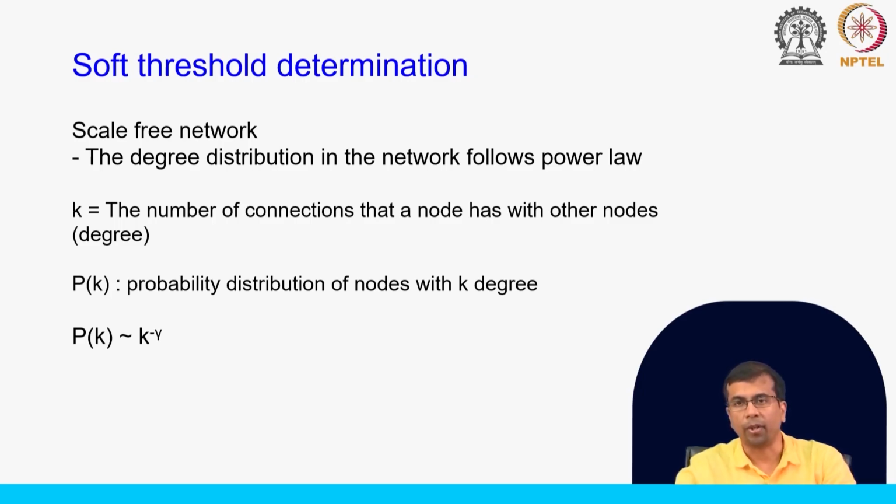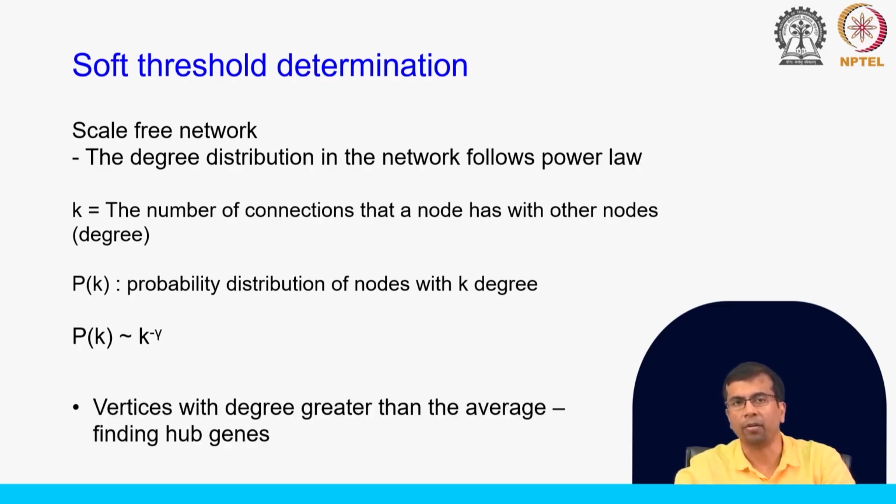Why are we interested in this scale-free network? Because it has a specific property: we have a lot of vertices that have degree greater than the average, and we can find hub genes in this network. What are hub genes? Hub genes are like the center of the network.